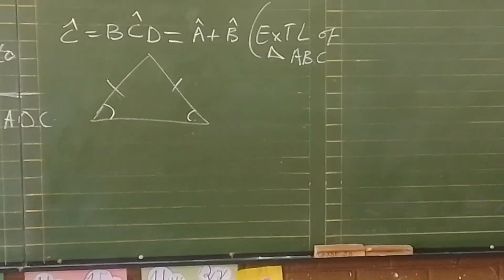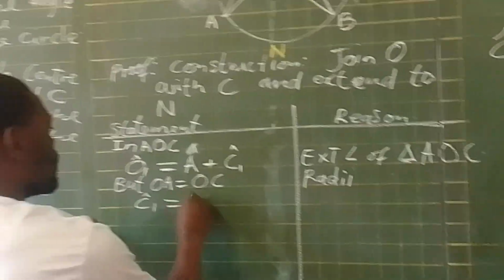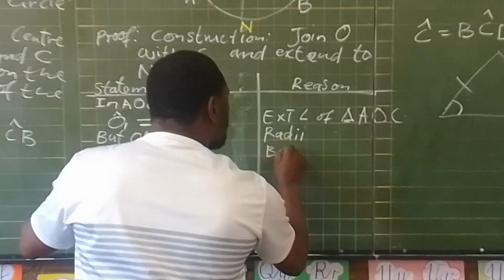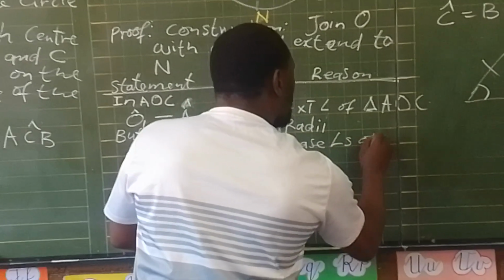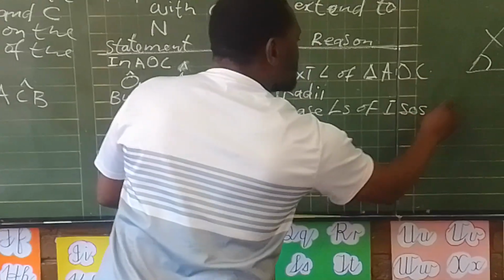So that means C1 is equal to A. The base angles of isosceles triangle.